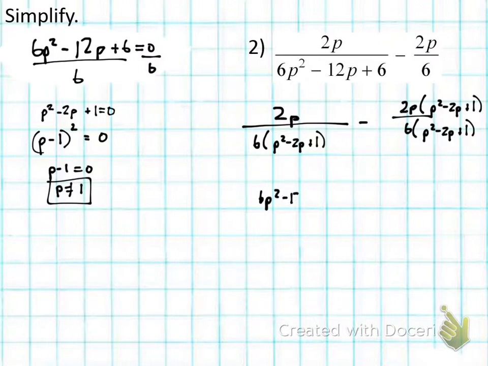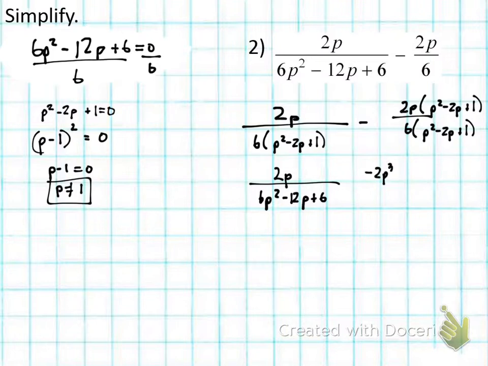So you've got 6p squared minus 12p plus 6. In the first fraction, we have 2p in the numerator. We don't have to multiply anything with it because it already has the common denominator, so we bring down 2p. Over here, negative 2p times p squared is negative 2p cubed.